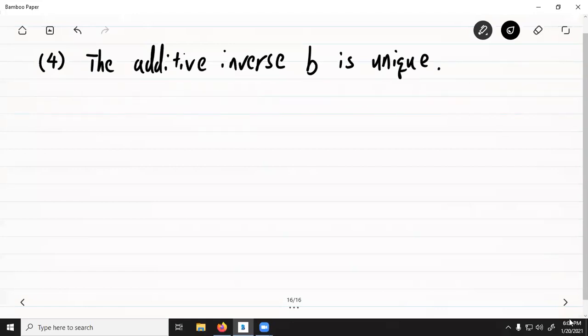So this is a really important result. Why? Because if you can prove that, you also proved this result: A plus x equals 0. This x is called the additive inverse, right, of A. If you can prove the additive inverse B is unique, that means this equation has a unique solution.